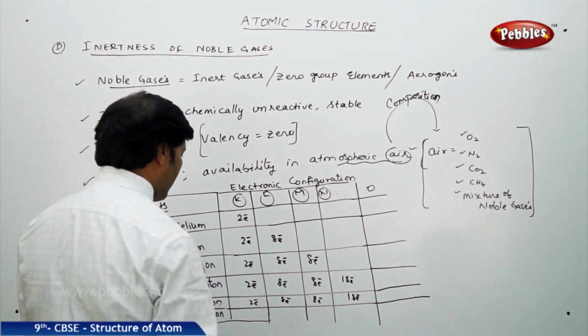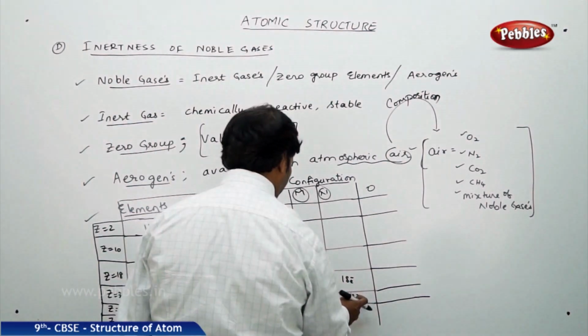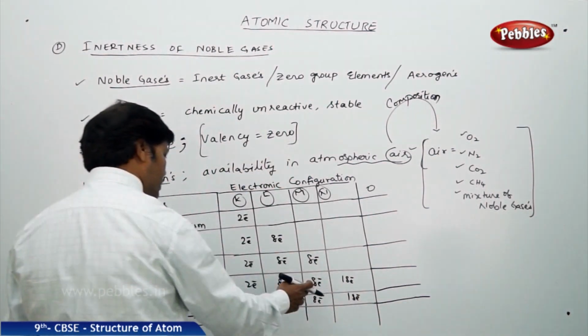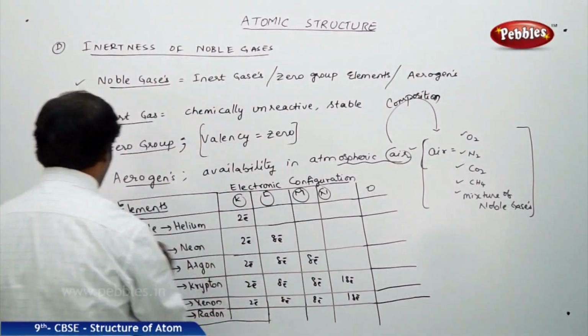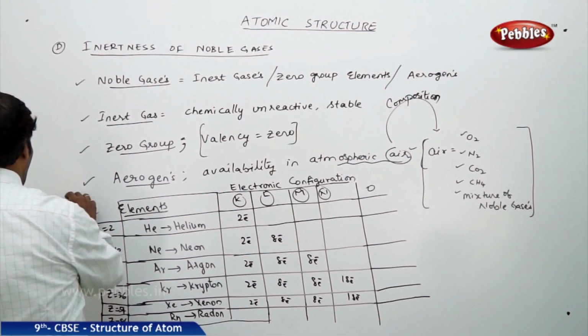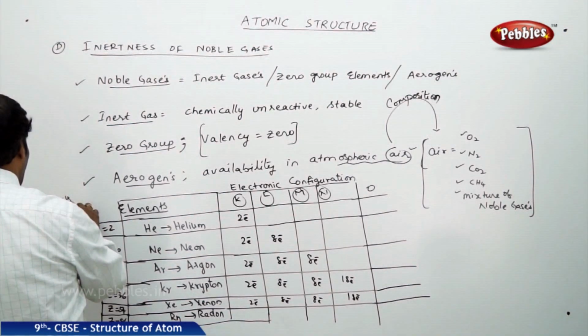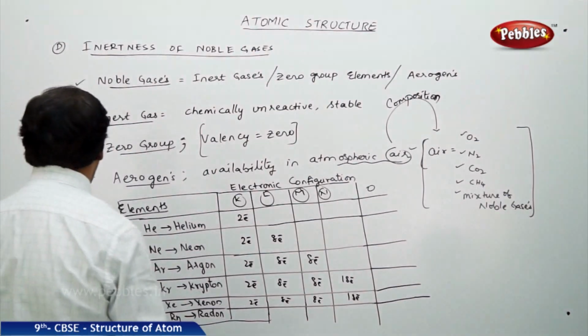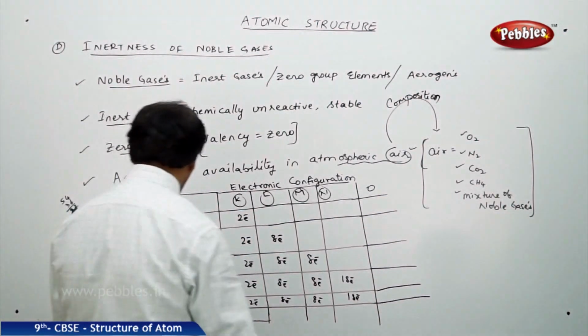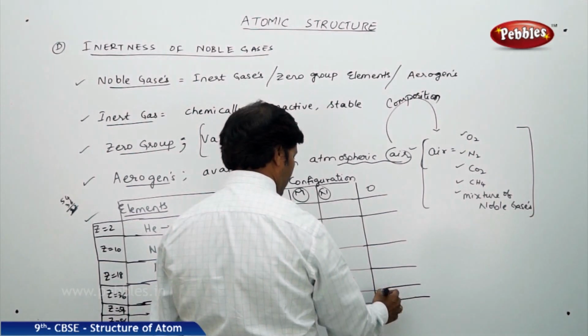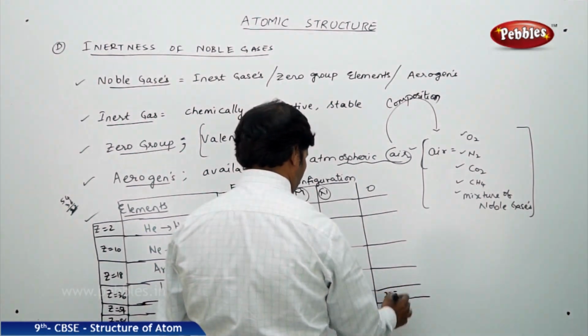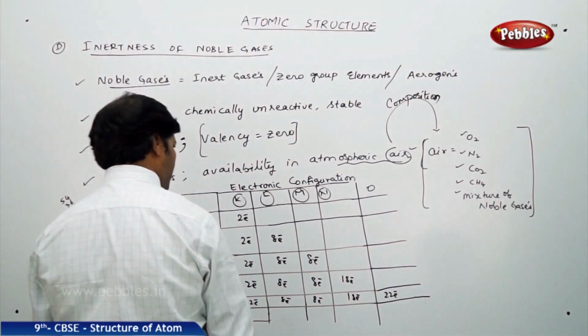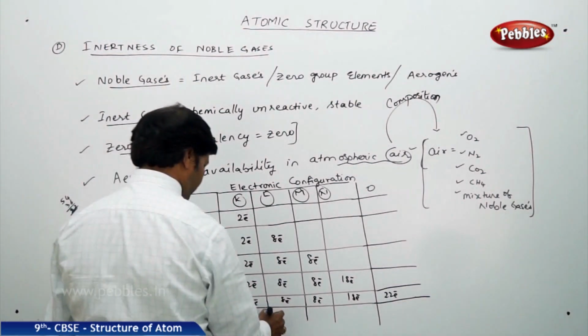So 18 plus 18 is 36, and 54 minus 36 is 18, still we have to fill up 18 electrons. Those 18 electrons will go to the O shell.